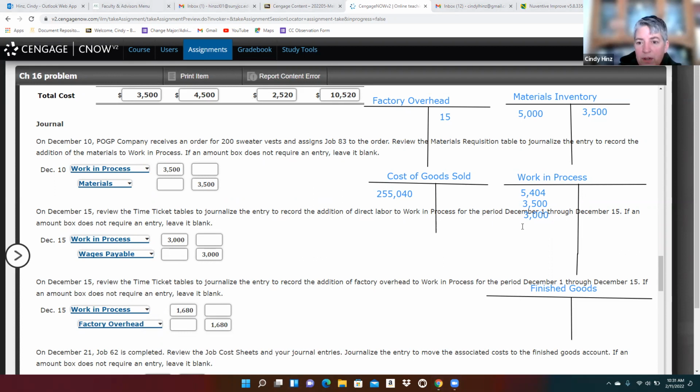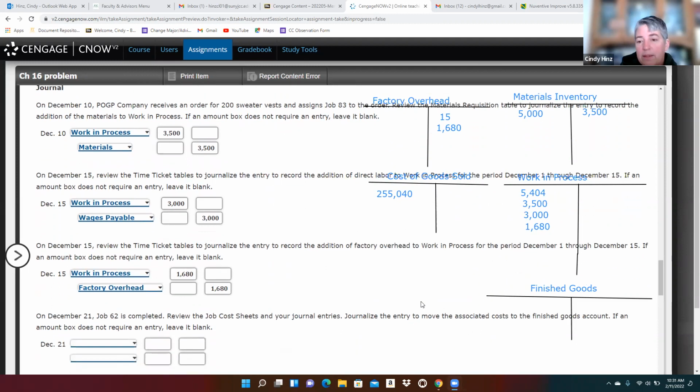So $1,680 being added to work in process and being credited to the factory overhead. Exact thing that we just did in that journal entry. We repeated that in our T accounts so that we can keep a running balance here.